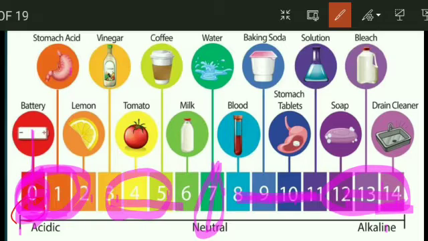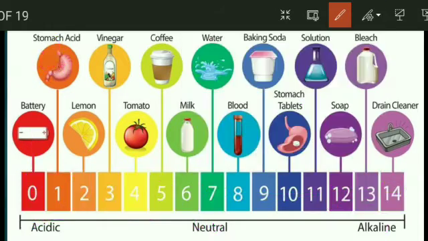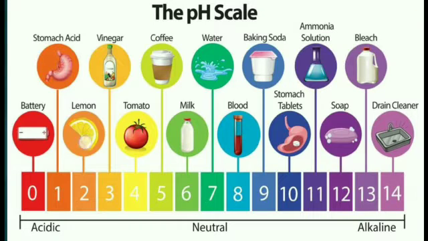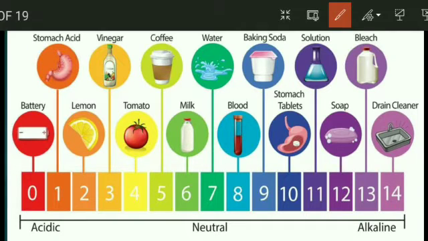That is the reason we are able to digest what we eat. Yes, our stomach contains hydrochloric acid, nothing but HCl. And lemon juice is nothing but citrus fruit, citric acid.